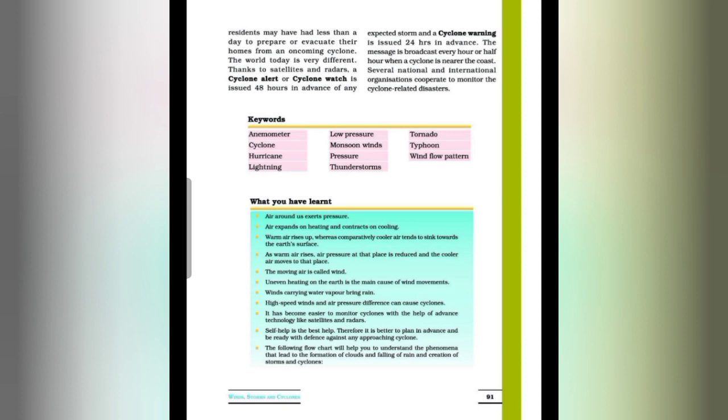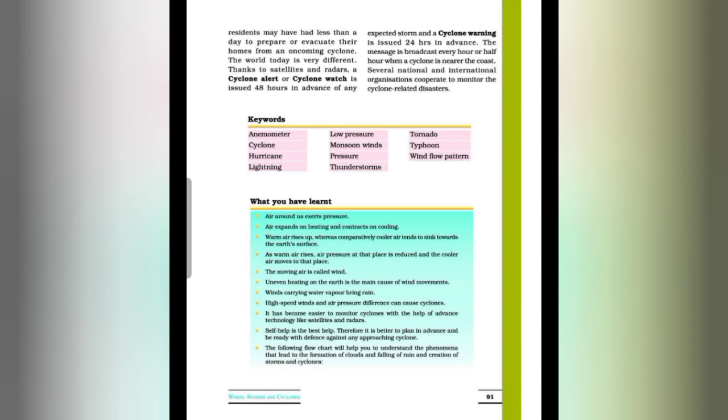So the Indian Meteorological Center is now using advanced technology by making use of satellites and radars for cyclone forecasting and warnings. So the cyclone warnings are given through a variety of communication media such as radio, television, newspaper and police wireless network also. And cyclone warnings are issued in two stages.